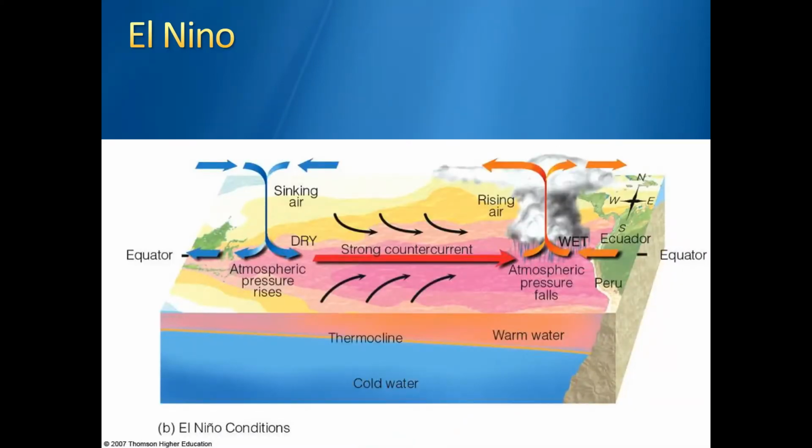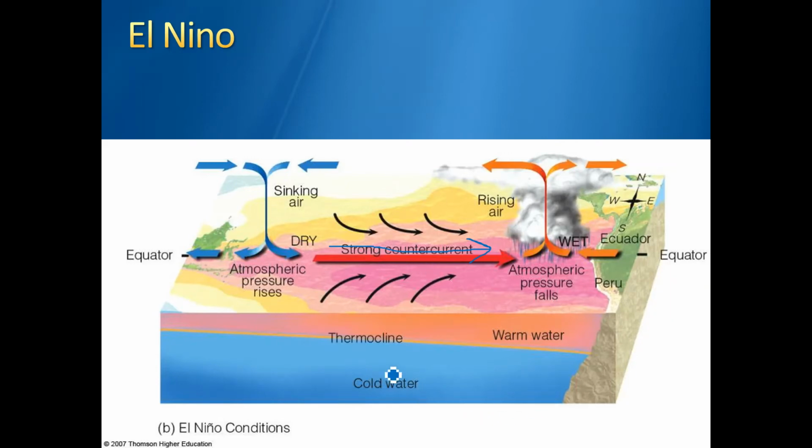So in an El Nino, as I mentioned, the trade winds that were blowing from east to west slacken or even reverse. So now we get this west to east movement. There's a current that develops called the equatorial countercurrent.